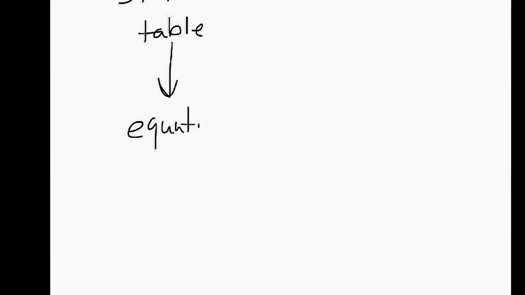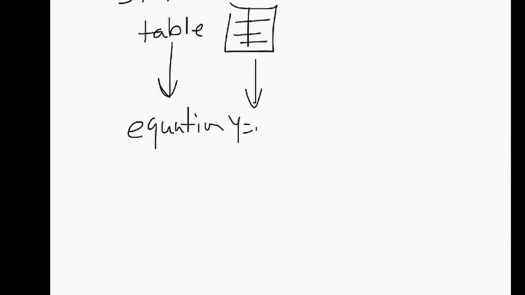Okay. A lot of times we get confused on when to do stat edit versus when to do y equals. Stat edit does table to equation. So to do stat edit, you have to start with a table and you'll finish with an mx plus b equation.